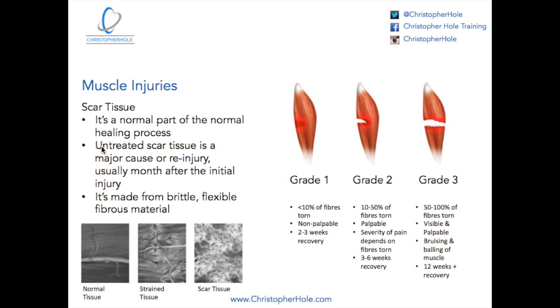Now, if we have untreated scar tissue, this is a major cause of re-injury, simply because the tissues are very brittle, very inflexible, and they aren't very good at coping with the potential mechanical load that we're putting through them with our movement, our sport, our exercise, or whatever it may be.